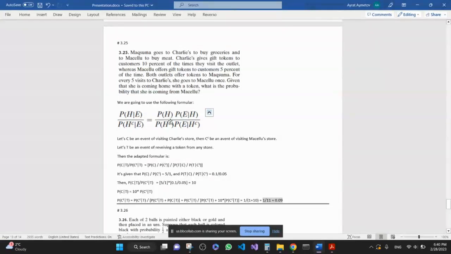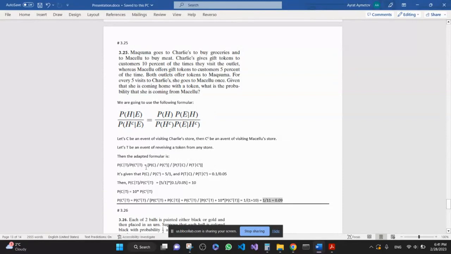Okay, so I'm going to use this formula, just with different notations. Let C be the event of visiting Charlie's store. Then C complement will be visiting Marcelo's store. Then let T be the event of receiving a token from any store. So this is the same formula with different notations.